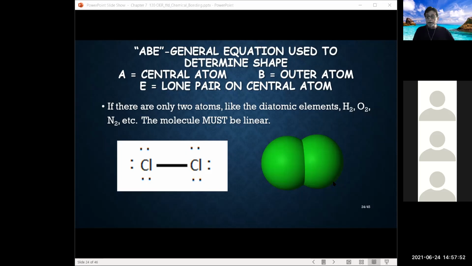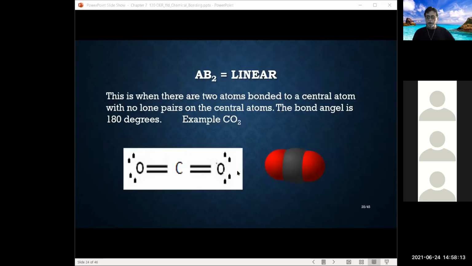And just by default, it's linear. There really isn't a bond angle here, because a bond angle is in reference to at least 2 bonded atoms to the central atom. So there's no bond angle here. All we can say is that it is a linear species. All diatomic moieties are linear.